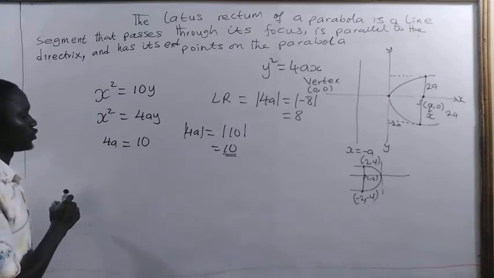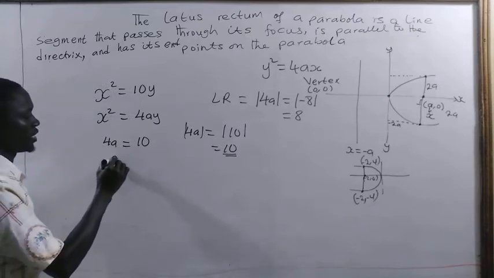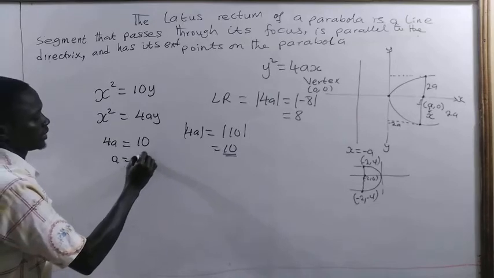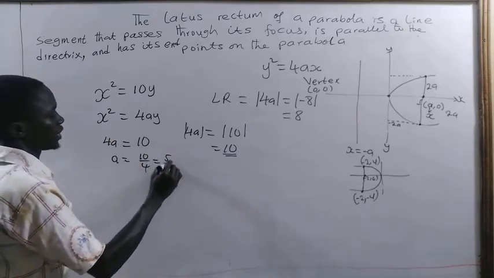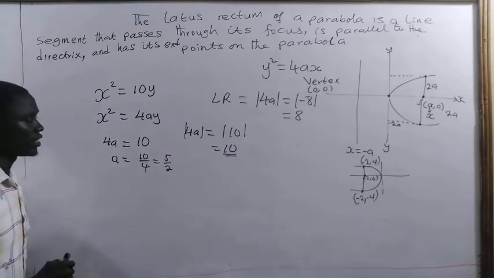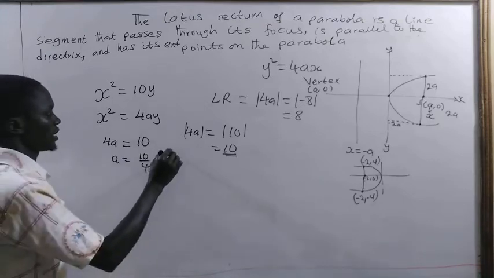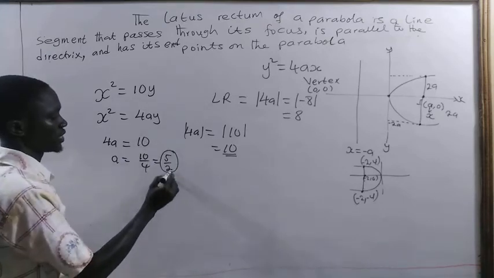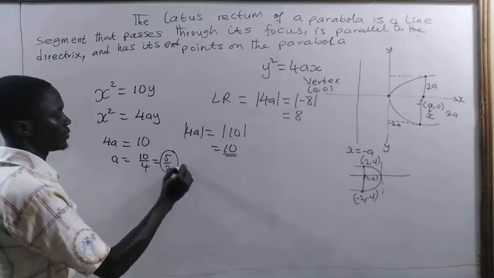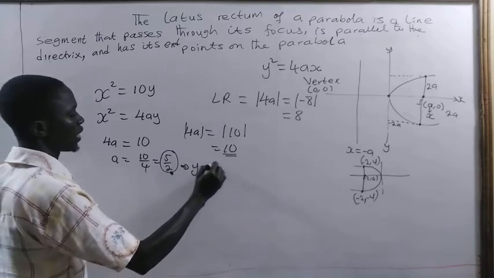Now, if we divide through by 4, we have a equal to 10 divided by 4, that is 5 over 2. Very, very simple as that. So this is our a, and since this is our a, this implies that y equal to 5 over 2.